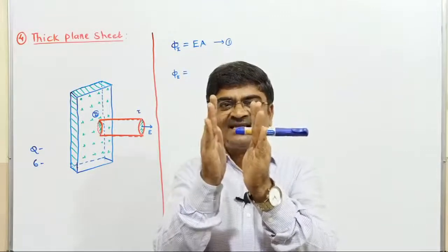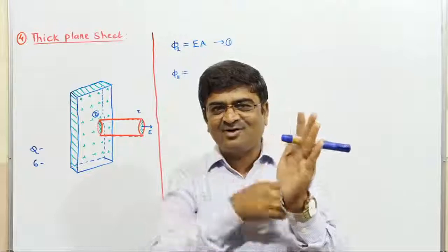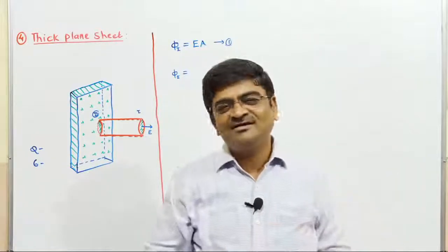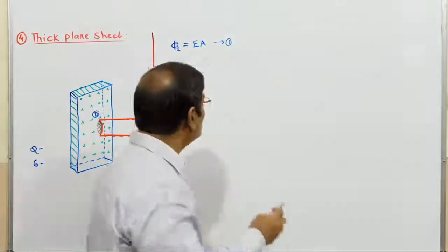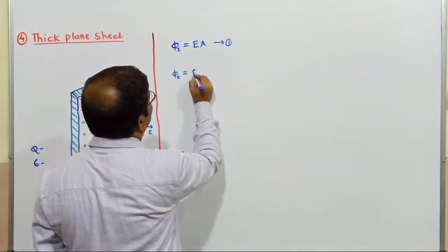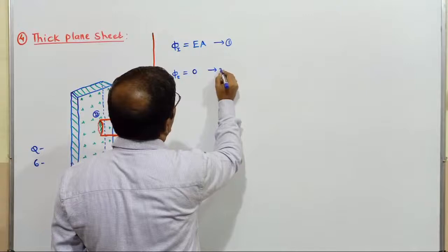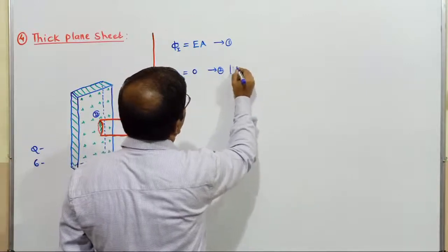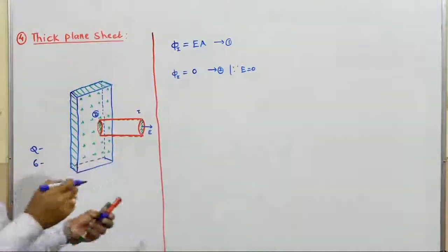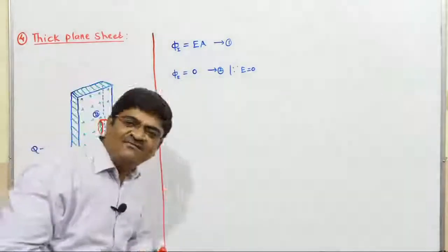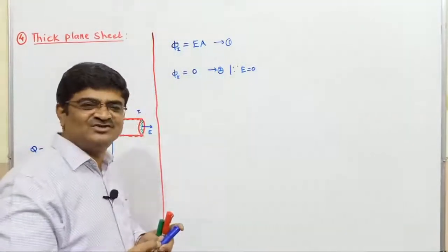This is inside the thick conductor. Inside the conductor, you know how much is the electric intensity? 0. So even flux through the second portion I am getting 0. You can mention the reason here: as E is 0, electric intensity inside the conductor is 0, you get flux through the second portion also 0.